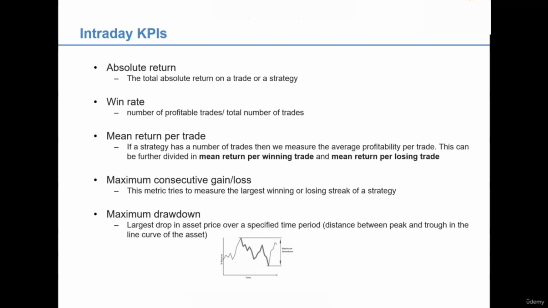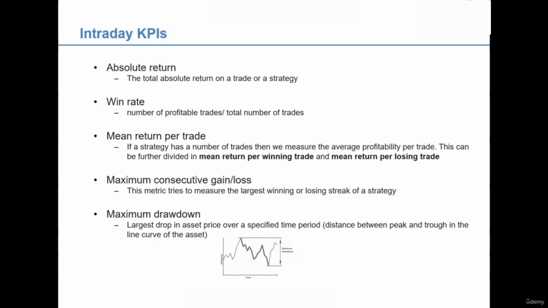The first and the most important KPI is the absolute return. Any strategy that is worth anything would have a positive absolute return. The higher, the better. And I don't think I have to explain what absolute return is. It is the total return that a trade or a strategy gives you from start to end. So let's say you started with $1,000 and at the end of the strategy, your balance is $1,100.